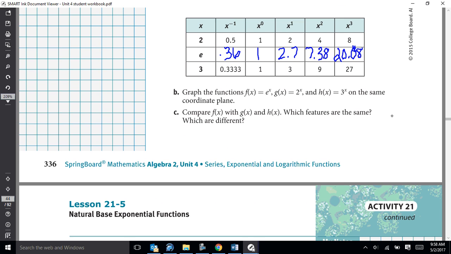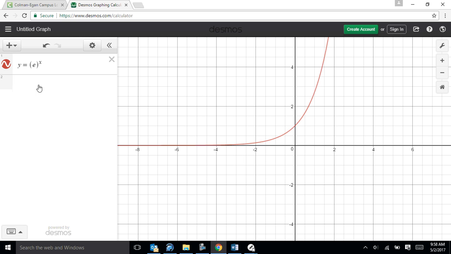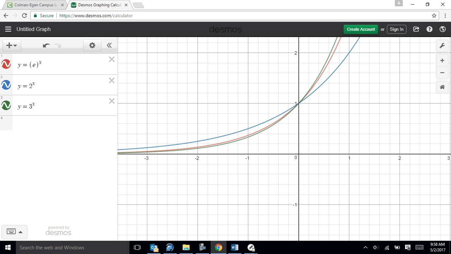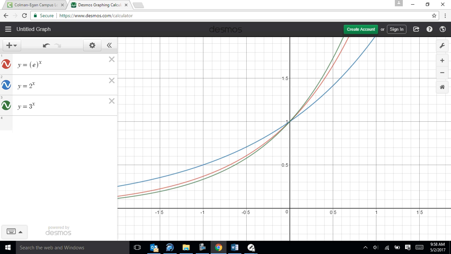Alright, so then it asks us to graph these three on the same coordinate plane. So since e is 2.7 and that's in between 2 and 3, how do you think the graphs are going to look? All right, so they're pretty close, right?